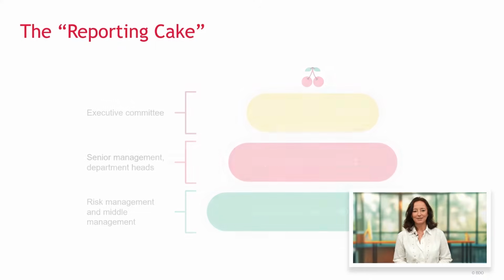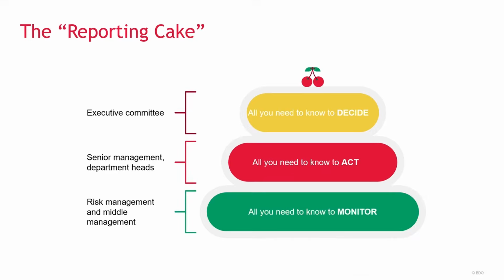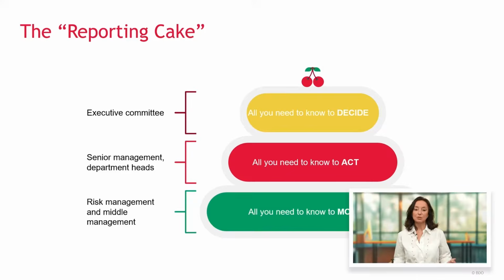And so just another example coming from the industry. The name is mine, but the practice is very common in Tier 1 banks: the slicing of reporting. I explain that as a tiered cake. At the basis, there is no difference between monitoring and reporting. The reporting is all you need to know to monitor, and that would be the pack that typically goes to the risk management function and to the operations level of the divisions.